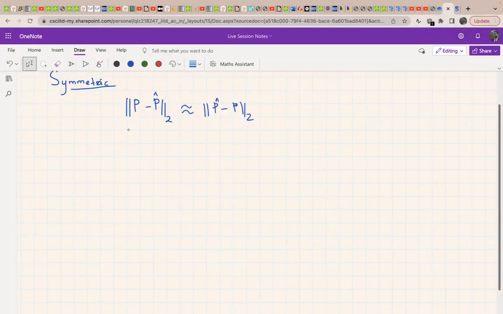The square is given, which is similar: p minus p hat squared will be equal to p hat minus p squared. By replacing p and p hat, it comes out the same because the square is there, and a positive number squared is equal to the negative number squared.